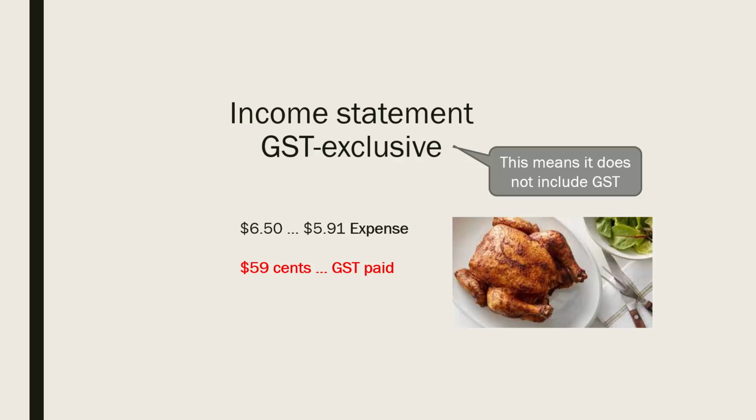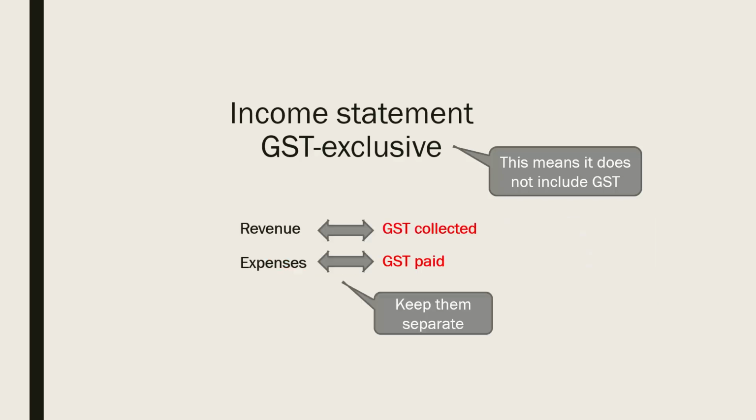This amount is kept in a GST paid account. By keeping the GST collected in its own account separate to its revenue, a firm can carefully identify GST and manage it separately to the firm's revenue. The same applies to its expenses.